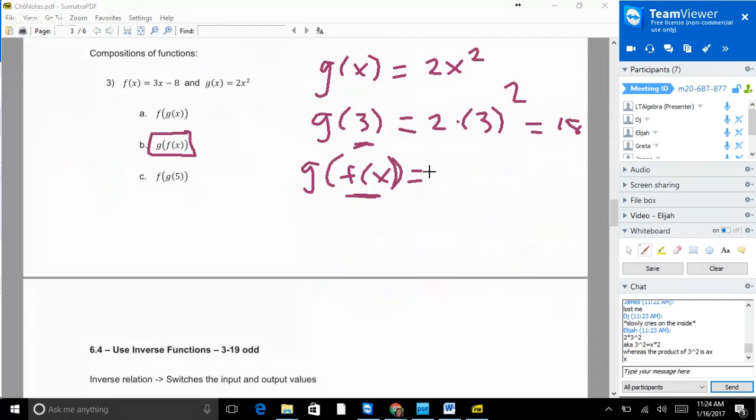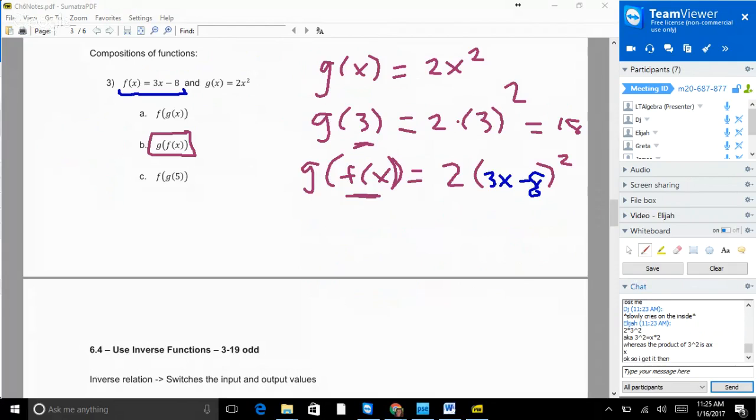Our original equation is still 2 times x squared, but f of x, this is where we need some color coding, is 3x minus 8. So instead of x here, we're going to write 3x minus 8.